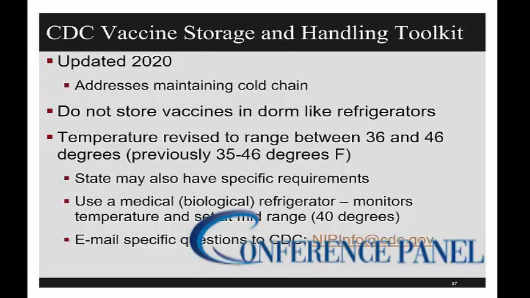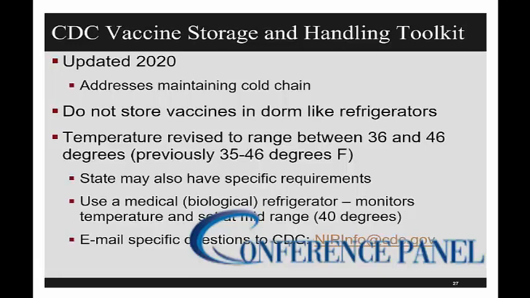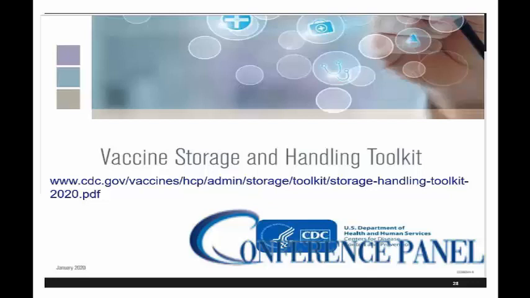We weren't keeping the vaccines at the temperature they were supposed to be, and in a method and in a container, a refrigerator, that was optimal. Don't guess. Keep this information, especially the toolkit, very close to the vaccine storage refrigerator so your staff can access it. It's not going to do any good if it's locked up in the infection preventionist's office, or in somebody else's office.